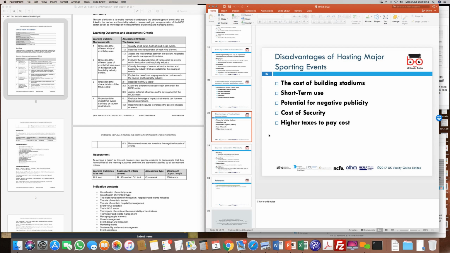So you will also see some of the major disadvantages of some of the sporting events, which I've put as a headline, would be that sometimes you will see the cost of security. G4S, for example, was handed a contract worth 260 million when the London Olympics happened.